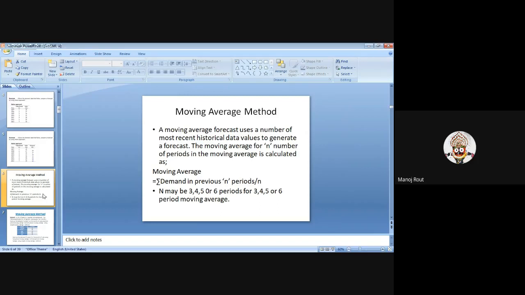Suppose the question asks you to calculate the value using a 3 period moving average, that means n should be 3. For a 4 period moving average, n should be 4. For a 5 period moving average, n equals 5. Similarly, for a 6 period moving average, n equals 6.